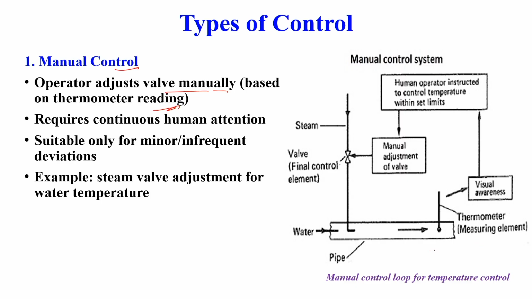So, you just see there is a flow here, you have a temperature measurement, and based on that the human operator takes the decision, and then you will see whether heating needs to be done or cooling needs to be done. So, this requires continuous human attention and is suitable only for monitoring or infrequent deviations.